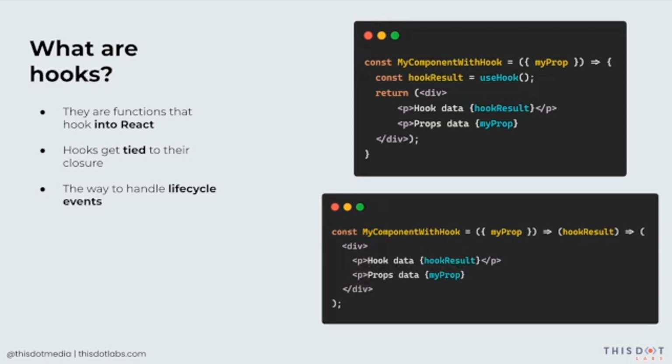And with that, we can add more complex logic, we can make a more complex flow, and they really tie into React's rendering system, React's feedback loop, and therefore allowing us to do things, for example, when the component mounts or when it unmounts or when there are new props.